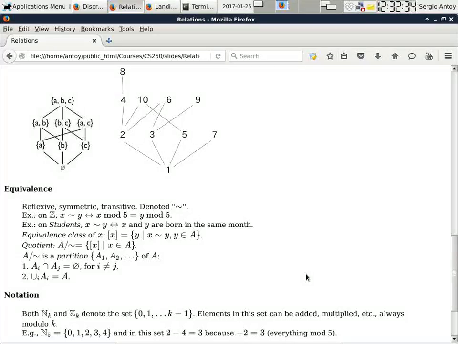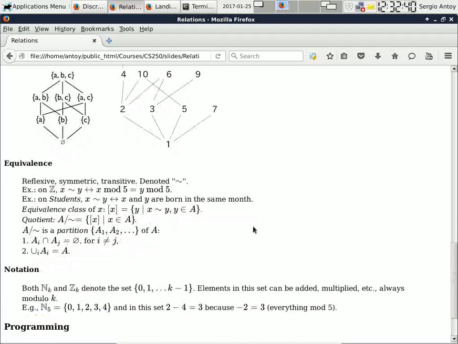All right, so the next relation I want to discuss is called equivalence. When we did order, I said we studied order because when things are sorted, it's much easier to find something.